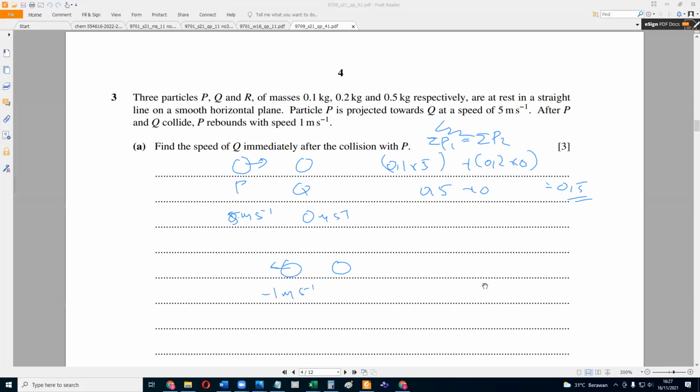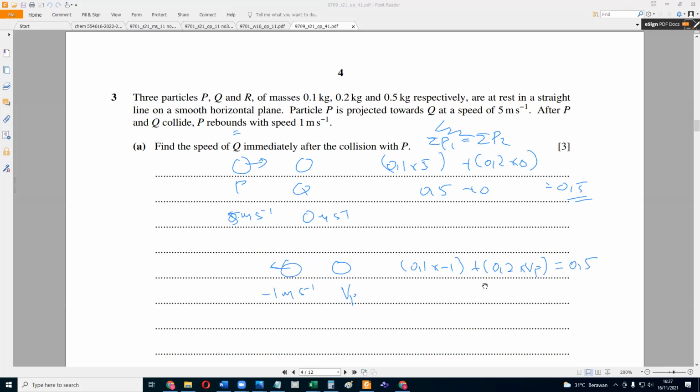The velocity of Q we don't know. Let's call it V of Q. We can calculate their momentum. The momentum is now 0.1 times negative 1, since rebound means change direction, plus 0.2 times V of Q. But the total has to be 0.5. The total must be the same.